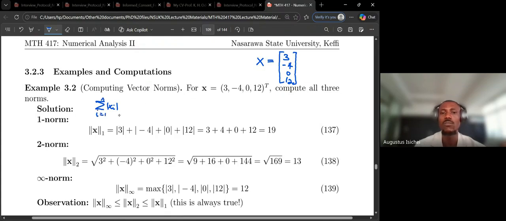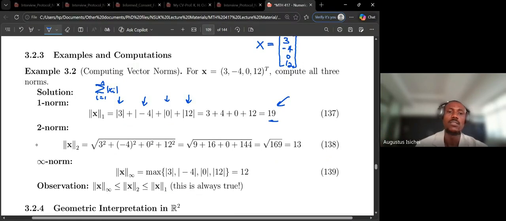So that is the absolute value of 3, plus the absolute value of minus 4, plus the absolute value of 0, plus the absolute value of 12. And that gives 19. Straightforward. That is the L1 norm equals 19. The L2 norm is saying take the square root of the summation of all xi squared, where i ranges from 1 to n.